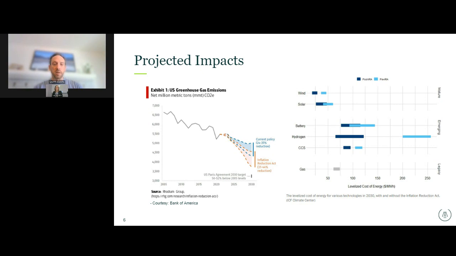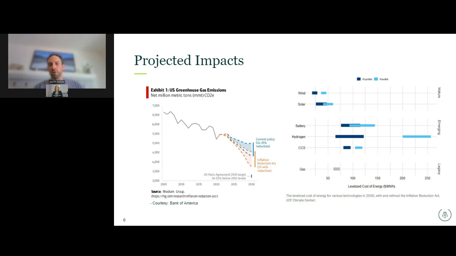And just to give a sense of where we are now on a cost of technology basis, this is levelized cost of energy, which is not perfect because it doesn't take into account availability and the fact that, for example, the sun doesn't shine at night. But as a rough measure of how efficient these technologies are from a cost perspective, you can see that the light blue is basically where these technologies were before the IRA.